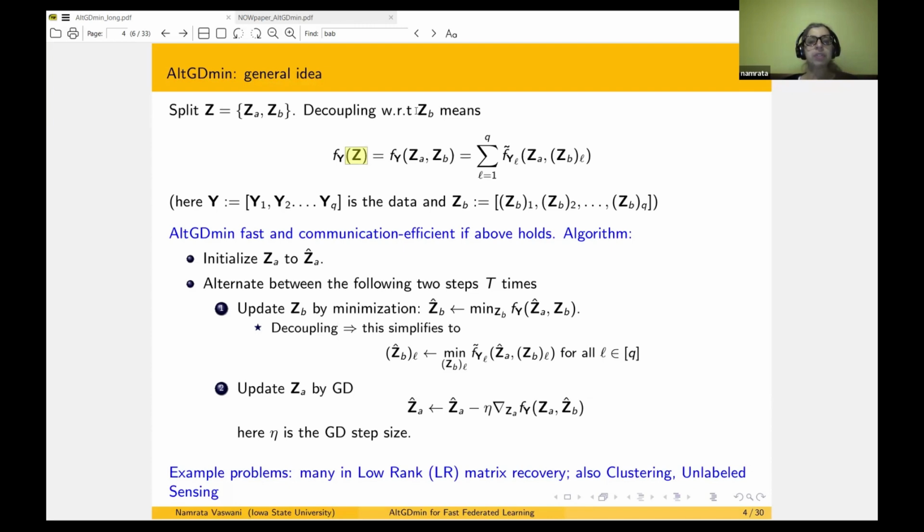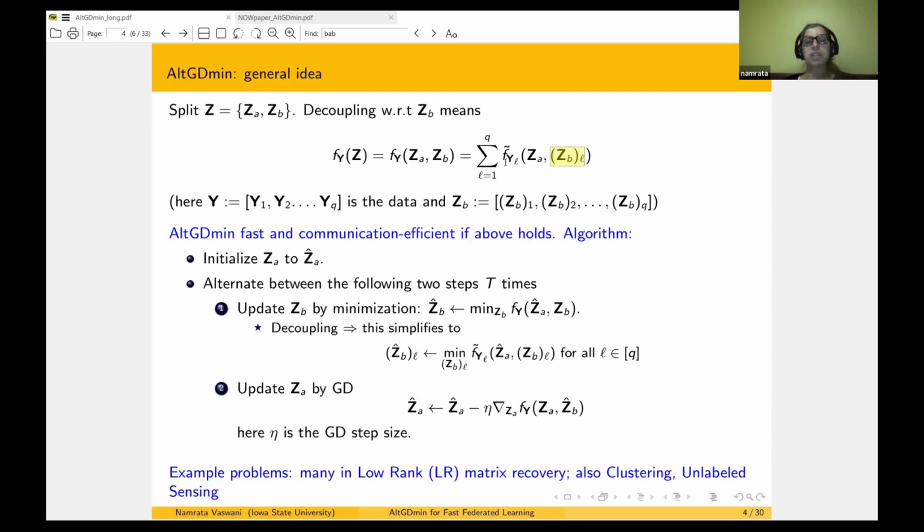Now decoupling with respect to ZB means that you consider the cost function over ZB. It can be written as a sum of simpler cost functions, each of which depends only on a subset of ZB.